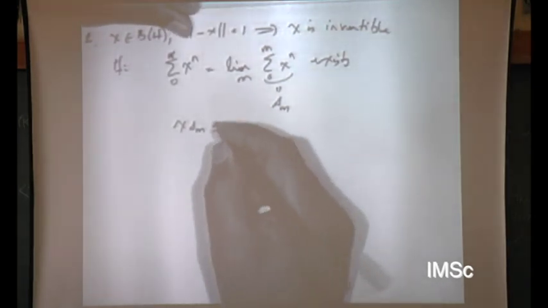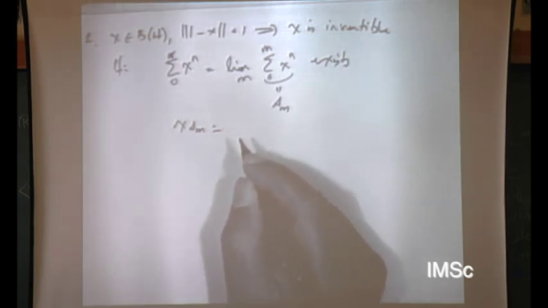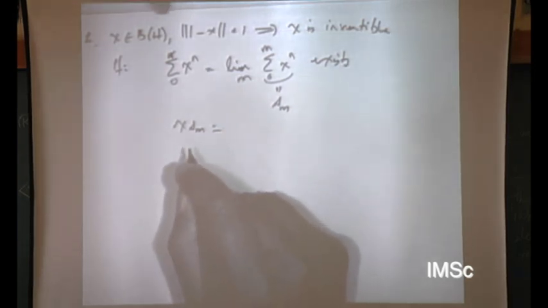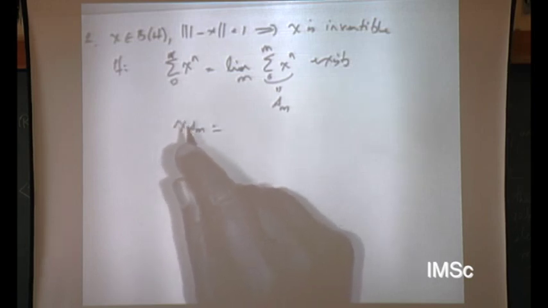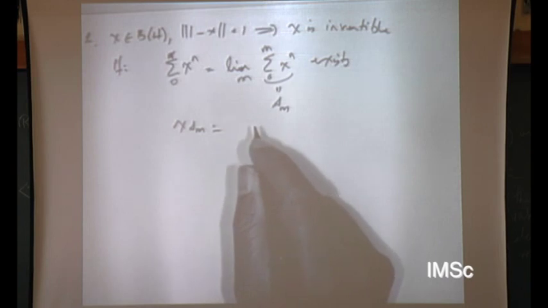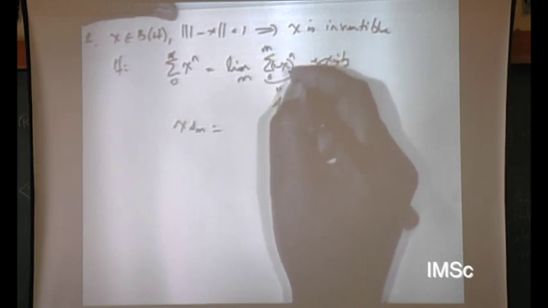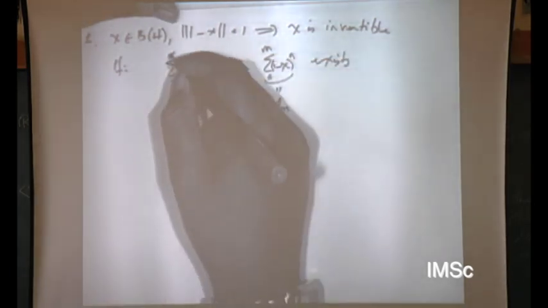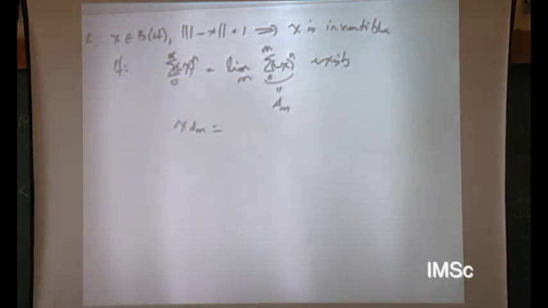You want to find the inverse of 1 minus x, so you think of it as 1 over 1 minus x.